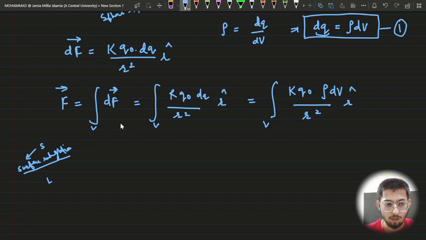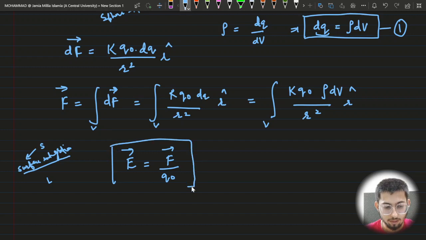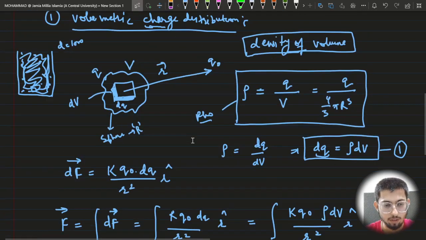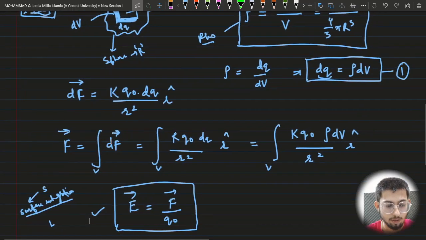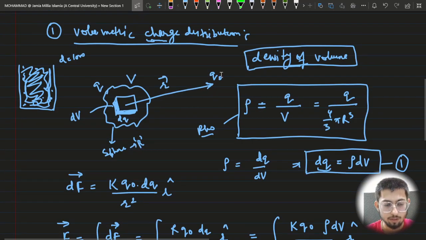So now we have found F. We can also find electric field, because electric field is what? Force divided by that charge. So force divided by q naught. That's it. So this is the force at q naught due to the volumetric charge distribution, right?